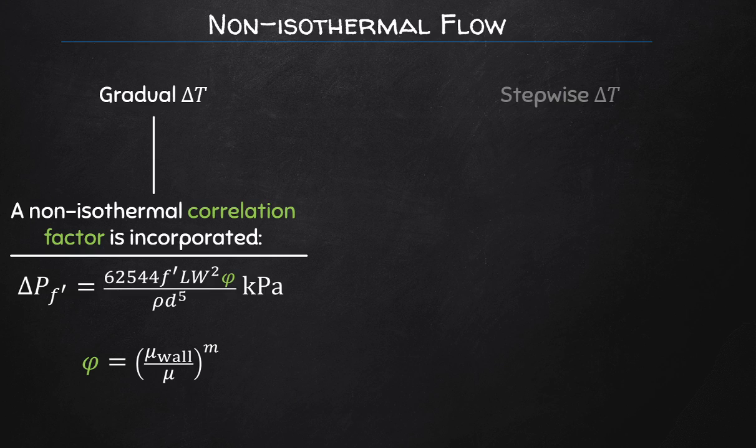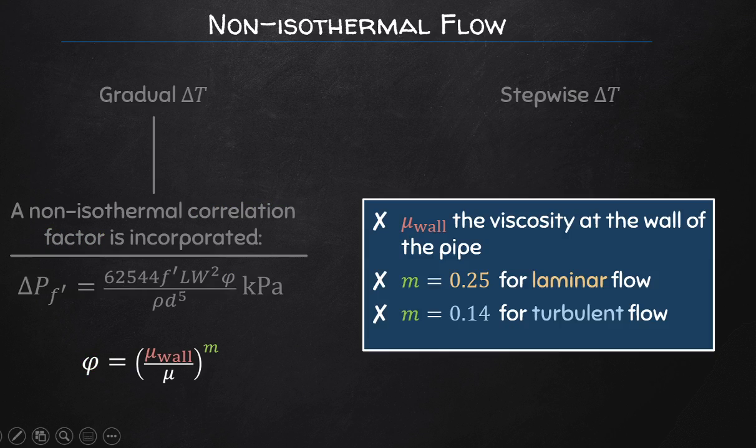But for gradual changes in temperature, a correlation factor, which is shown here, is used with the Darcy-Weisbach equation. Now, this correlation factor uses the ratio of viscosity for the fluid at the wall and the viscosity of the bulk fluid inside the pipe away from the wall.